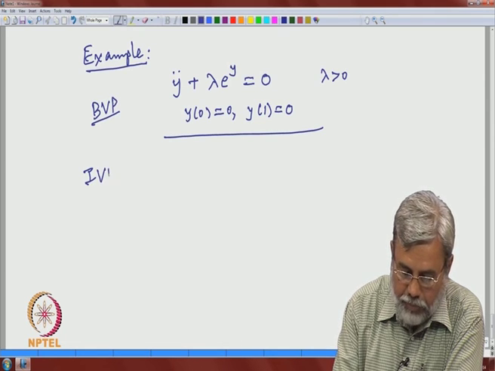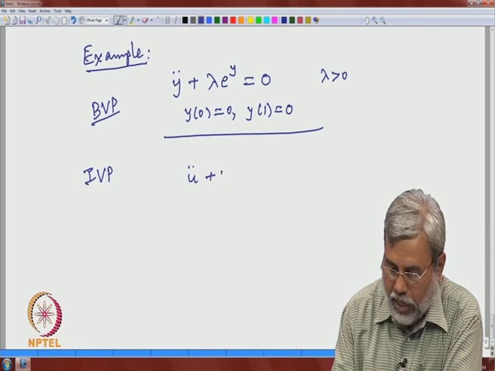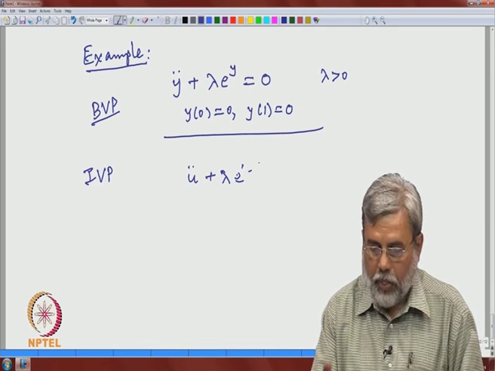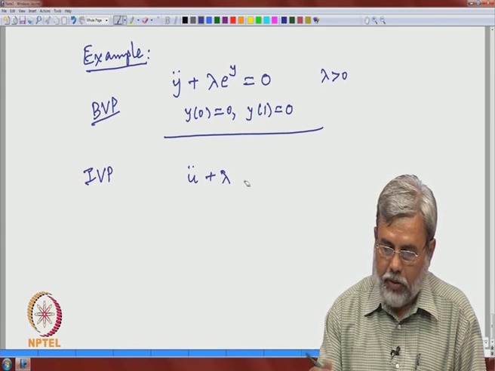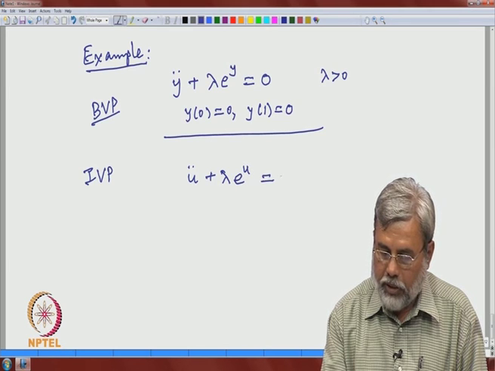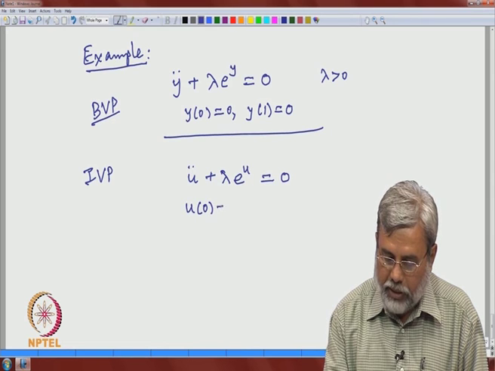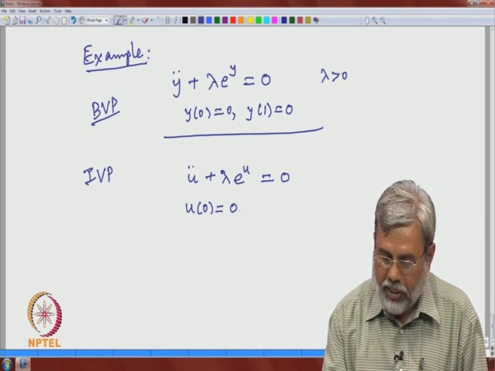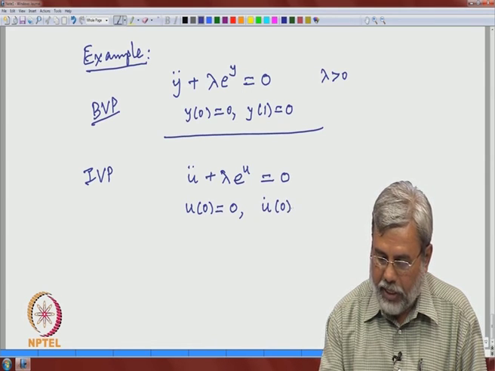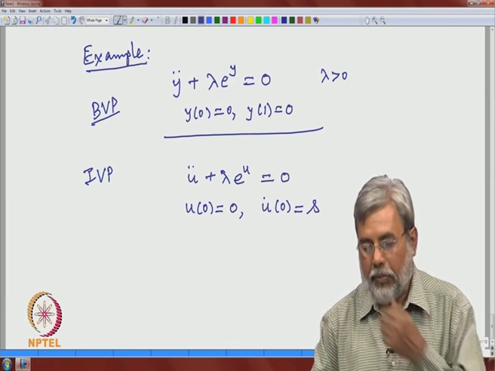So, this is the IVP: u double dot plus lambda e^u equal to 0. You put the same initial condition u(0) equal to 0, and now for the independent initial condition, I put a parameter s.